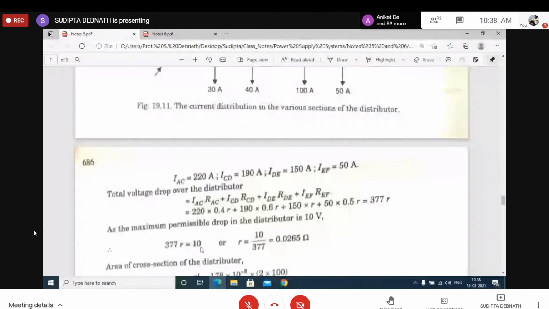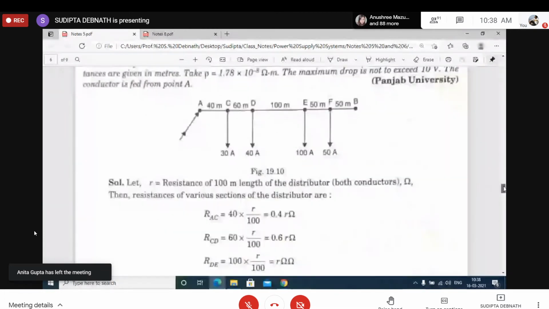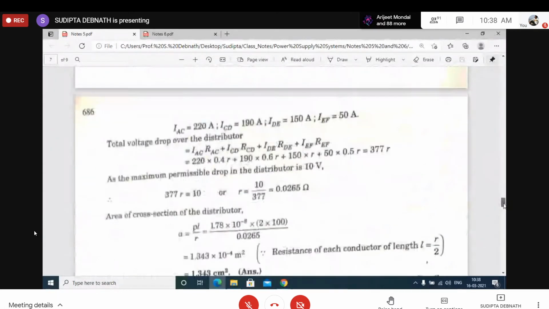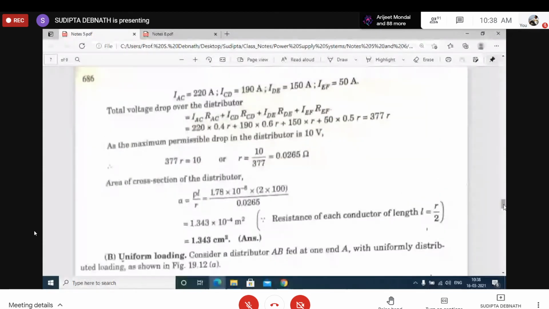What is R? R is the resistance of both the wires, because nowhere have they multiplied by 2. They have considered both the wires. But what is R of a single wire? The resistance of a single wire is R by 2.